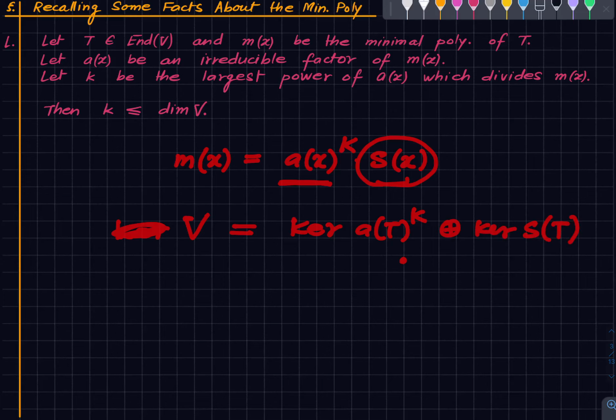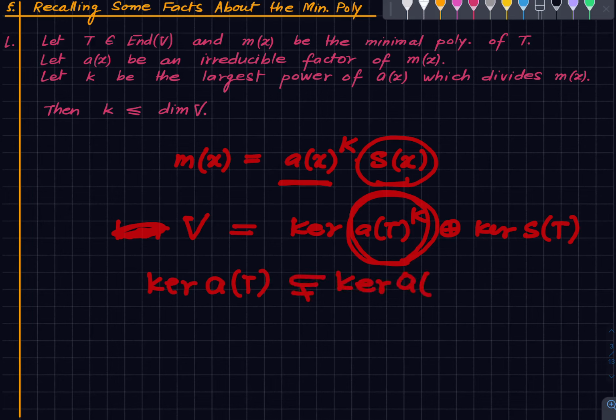And if k were larger than, before I even say that, we just need to note that this kernel is properly contained in this kernel, is properly contained in so on, properly contained in the kernel of a(T) to the power k.